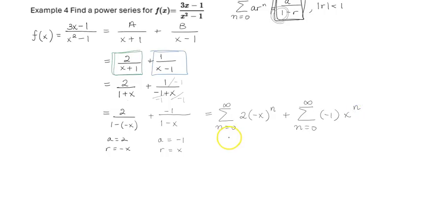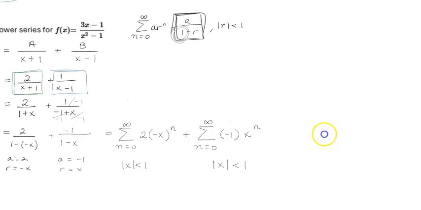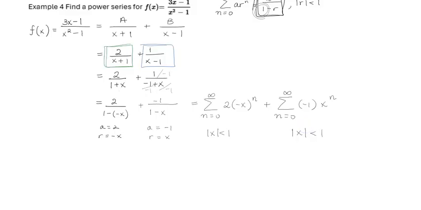The first sum will converge when the absolute value of r, which is the absolute value of x, is less than 1. The second sum will converge when the absolute value of x is less than 1. So good, they have the same interval of convergence, so the overall sum is just going to converge when the absolute value of x is less than 1, on the interval from negative 1 to 1.